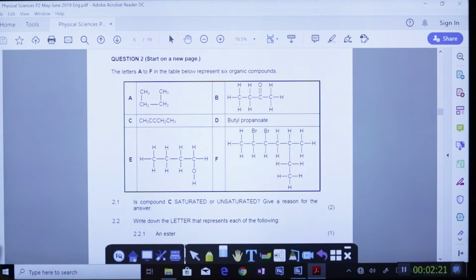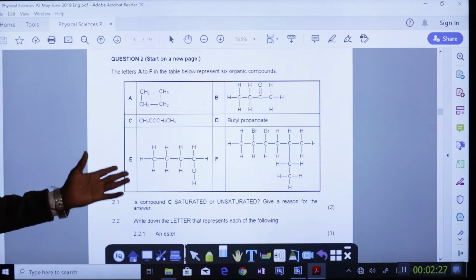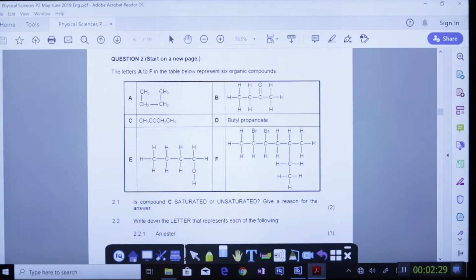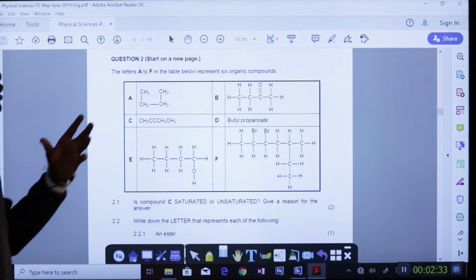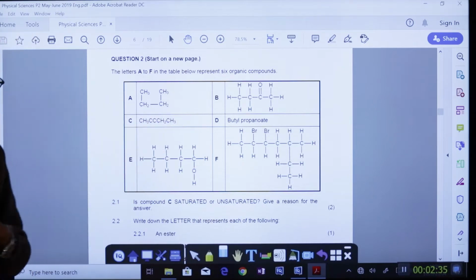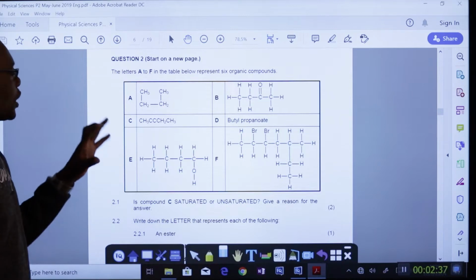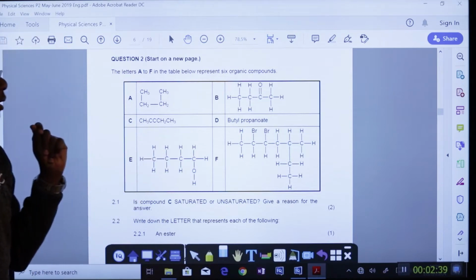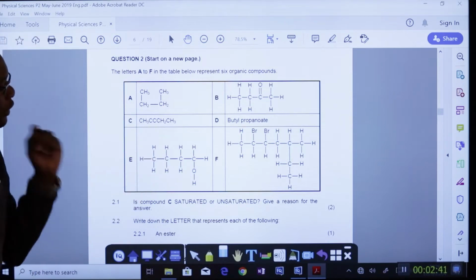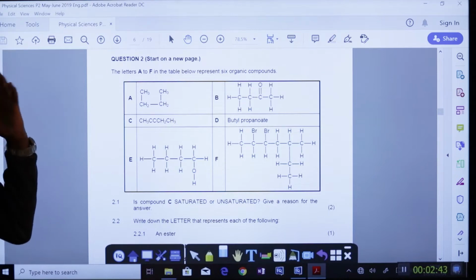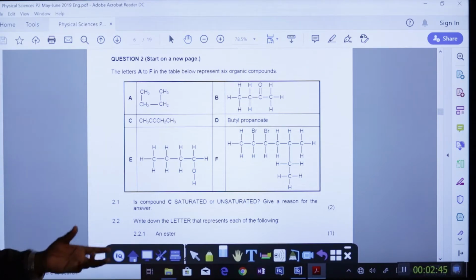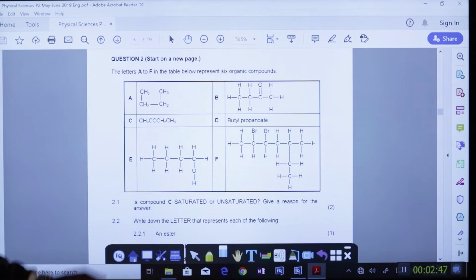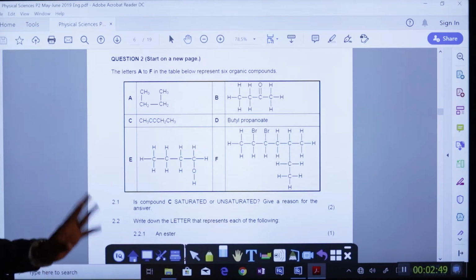Before you even go into the question, once you look at organic molecules like this, it should click in your mind the nature of the organic molecules you are dealing with, what is special about them, and what interpretations you can quickly attach to them before going into the fine details.